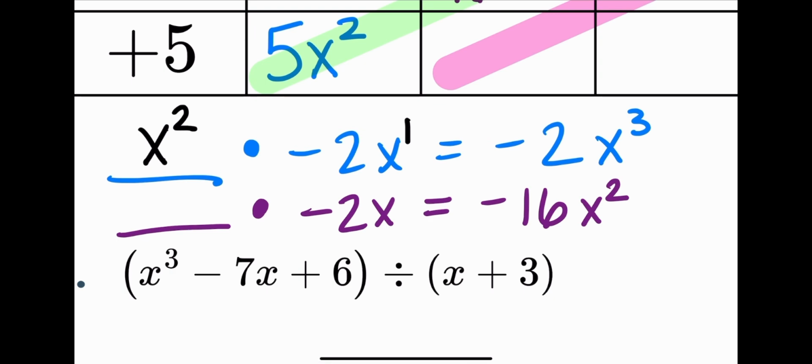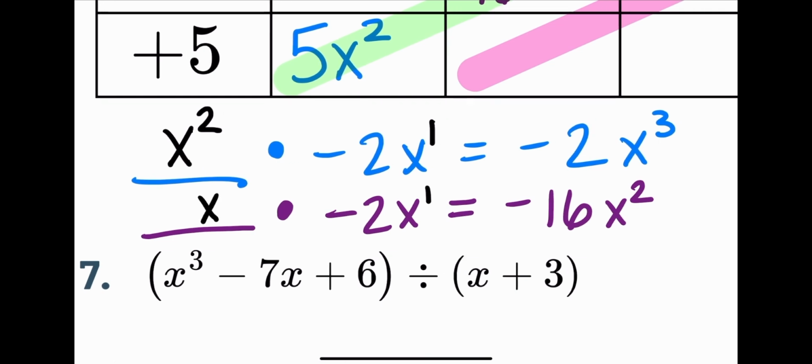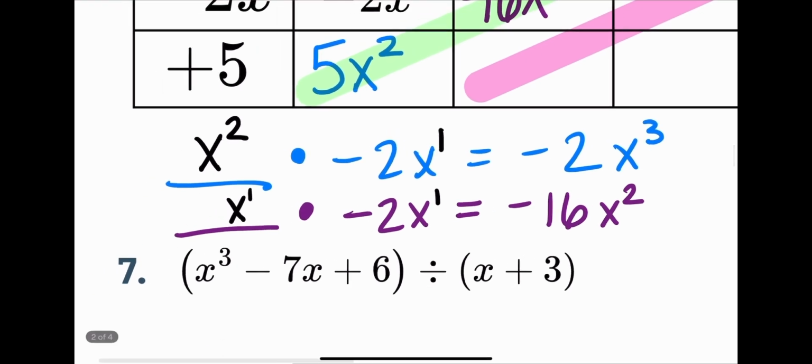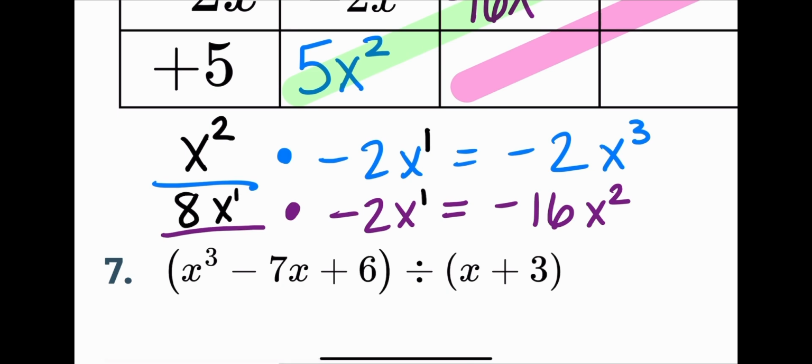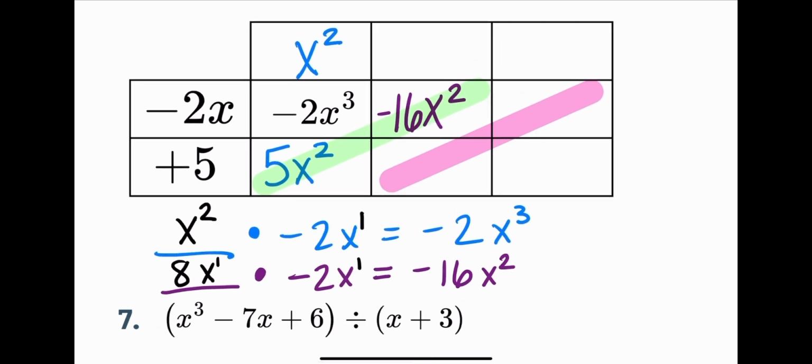Well, I'll tell you one thing. I know I need another x, because x to the first and x to the first makes x to the second. Now, what do I multiply negative 2 with to get negative 16? If you said positive 8, you're correct. 8 times negative 2 is negative 16. So in this box, we are writing 8x to the first power, which is just 8x.